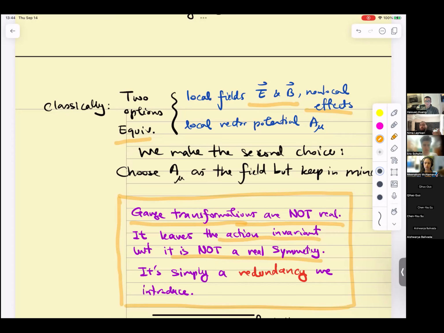You have to write A mu J mu. That term you cannot write in terms of E and B. And that is precisely the core of this Aharonov-Bohm effect. If in the Lagrangian you could just write something in terms of E and B coupled to currents, then everything would have been fine. All right. Good? Yeah. And any other questions?